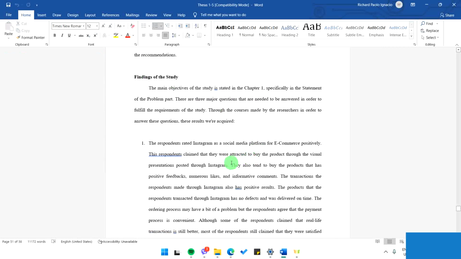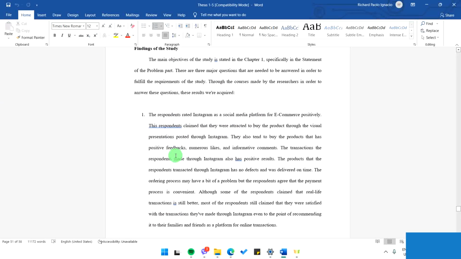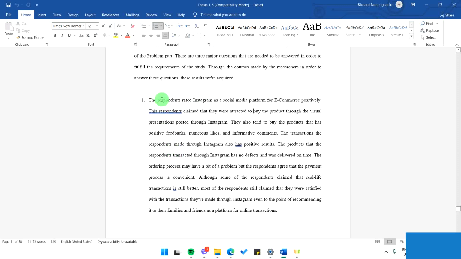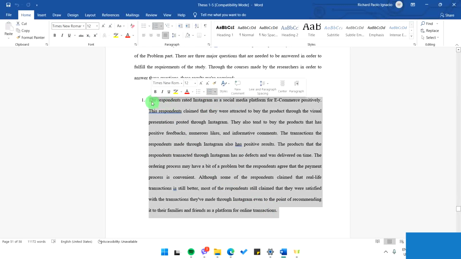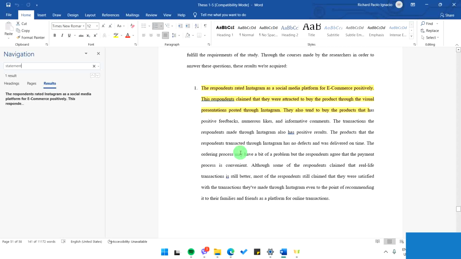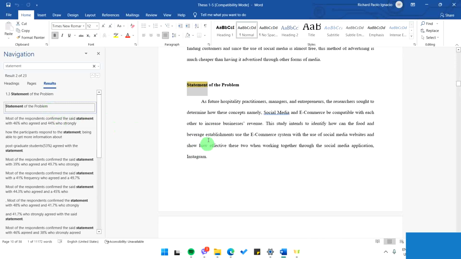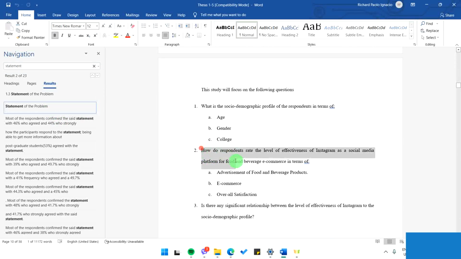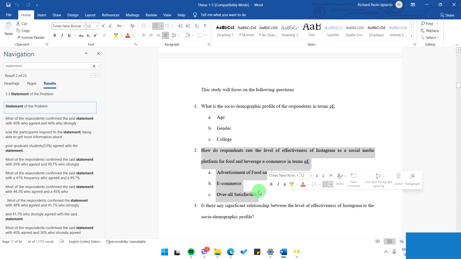In the findings of the study, we answered these questions as well. The first finding of the study, makikita nyo dito, the respondents rated Instagram. So dito, this first answer that we have here sa findings of the study answers the question, how do respondents rate the level of effectiveness?